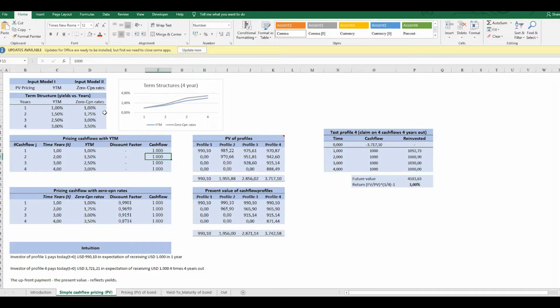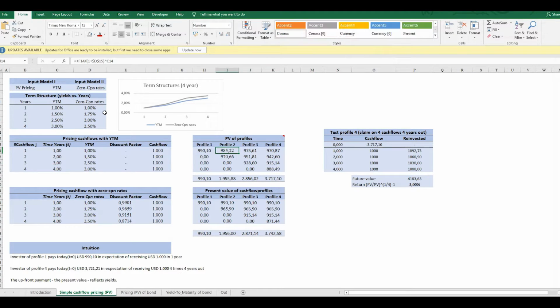So note here, we are not talking about any coupons or any principals yet. It's not specifically a bond, it's just cash flow, because it's very important to note that bonds are simply just cash flows with a special structure. So this one, investor 2, has a claim on the second and the first one, and of course the same with the third and fourth investor.